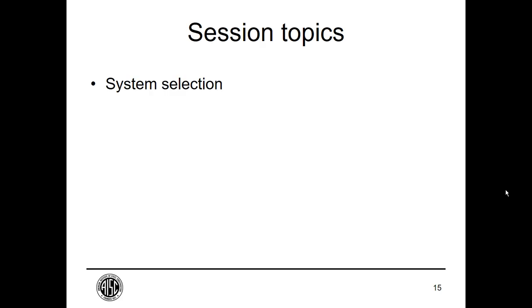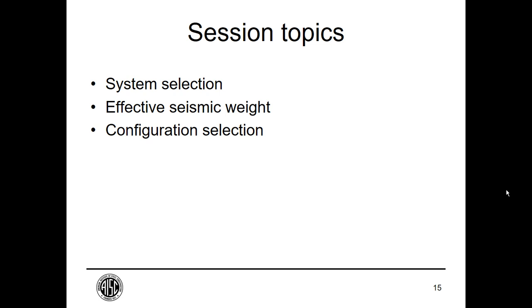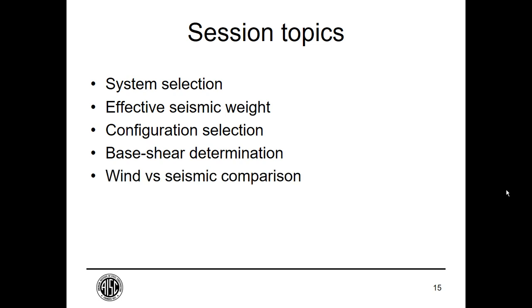In today's session, we will select the system. We will determine the seismic weights. We'll configure our frames. We'll determine our base shear for the system in each of the principal building axes.